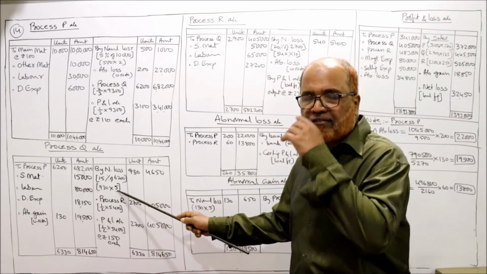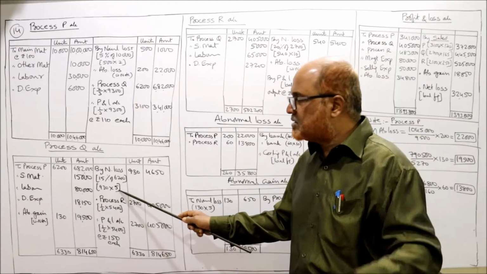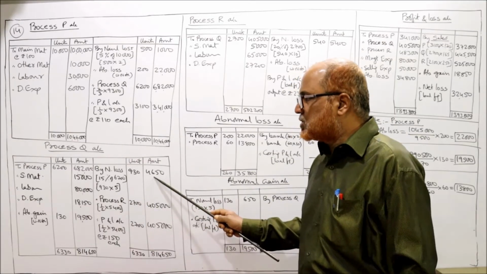930 into rupees 5. The scrap value is 5 rupees. So 930 into 5 is 4,650.